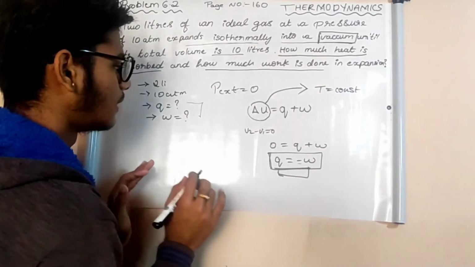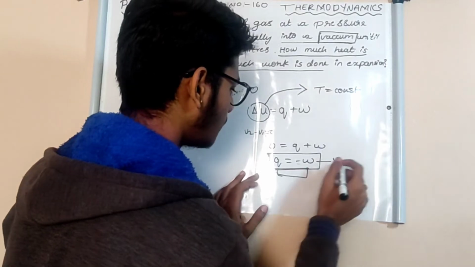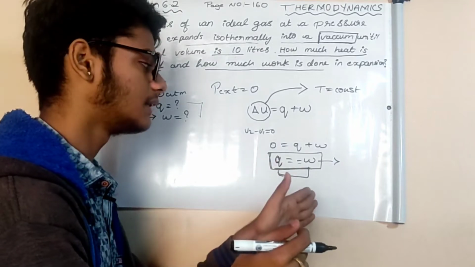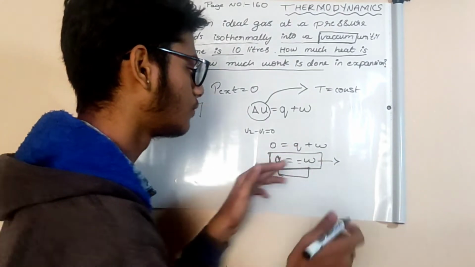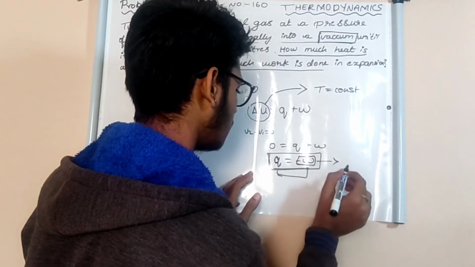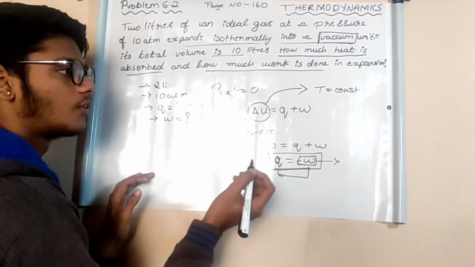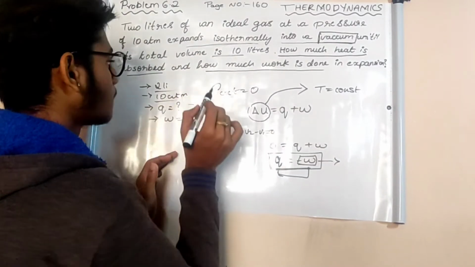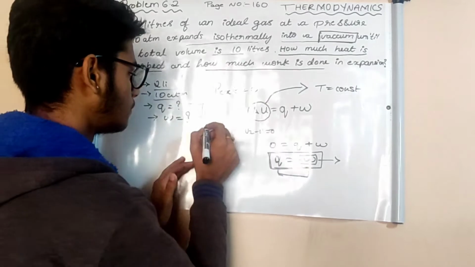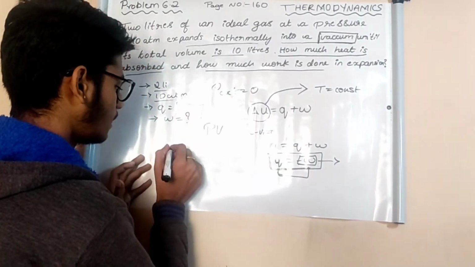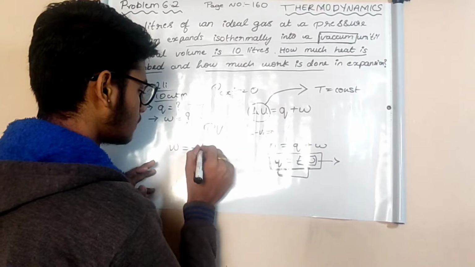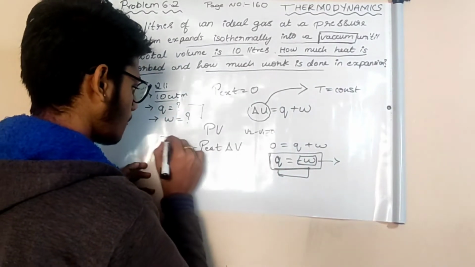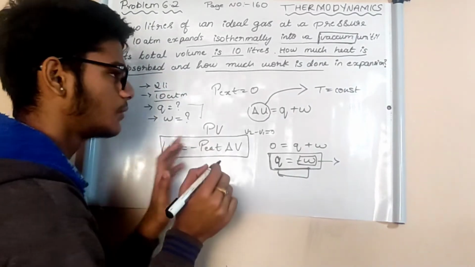So now let us find the work done. If we find work done, we will get Q also. Heat supplied, how much heat is supplied, that much work is done. So we should find the work done. We know the formula of work done when pressure and volume are given: W equals minus P external delta V. So this is the formula we should use.